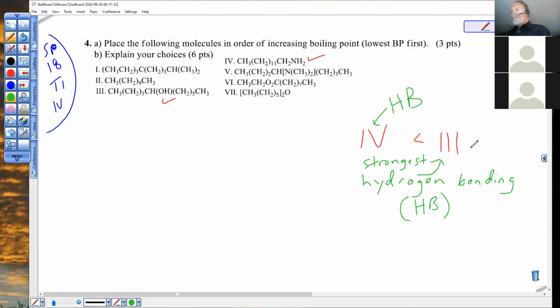Next up, you want to go for dipole-dipole, and we're looking for anything with carbonyls in them. Carbonyls are polar covalent bonds. So I want aldehydes, ketones, esters, tertiary amides. Are those all of them? I think so. Yes.